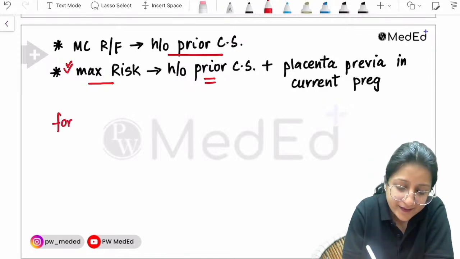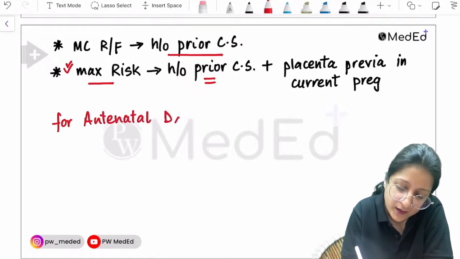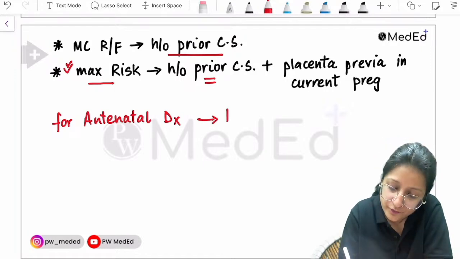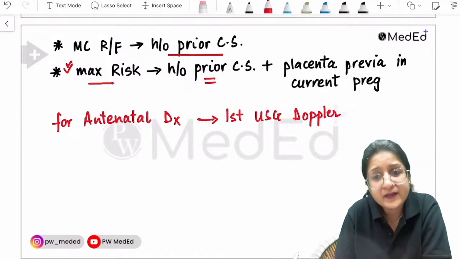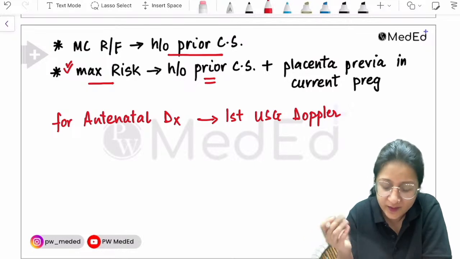So for antenatal diagnosis, plain ultrasound is not going to be enough. First we go for ultrasound Doppler. Most of the time, ultrasound Doppler helps make the diagnosis itself, but it can also be inconclusive. It may not be able to rule out morbidly adherent placenta.